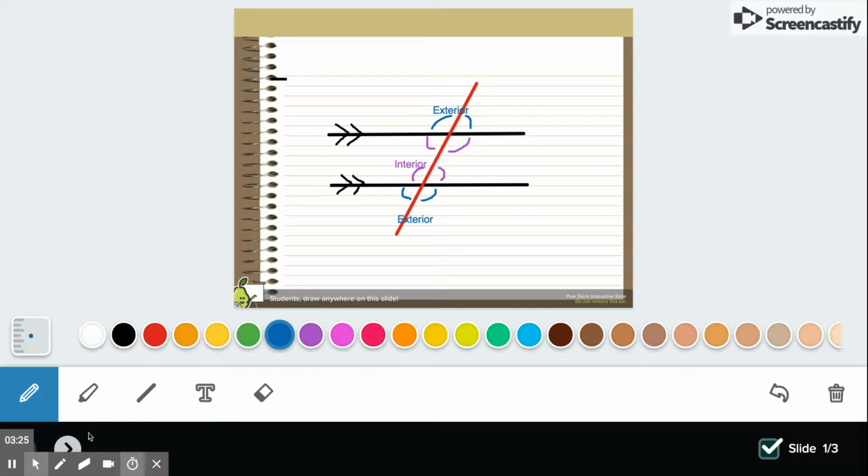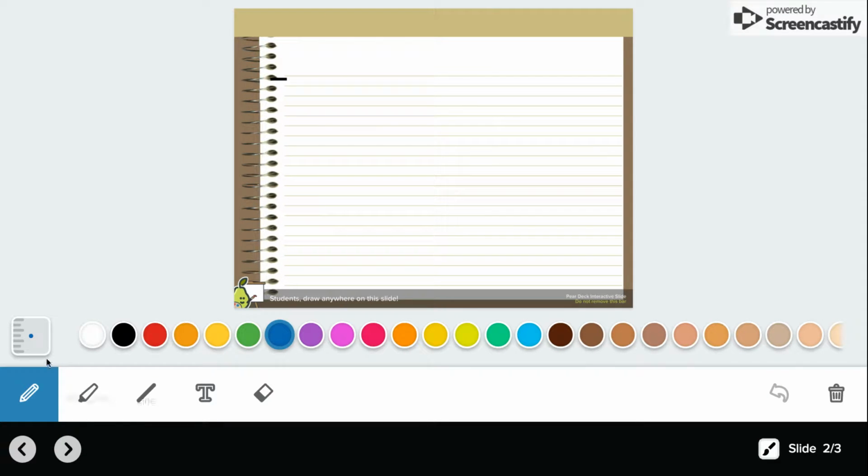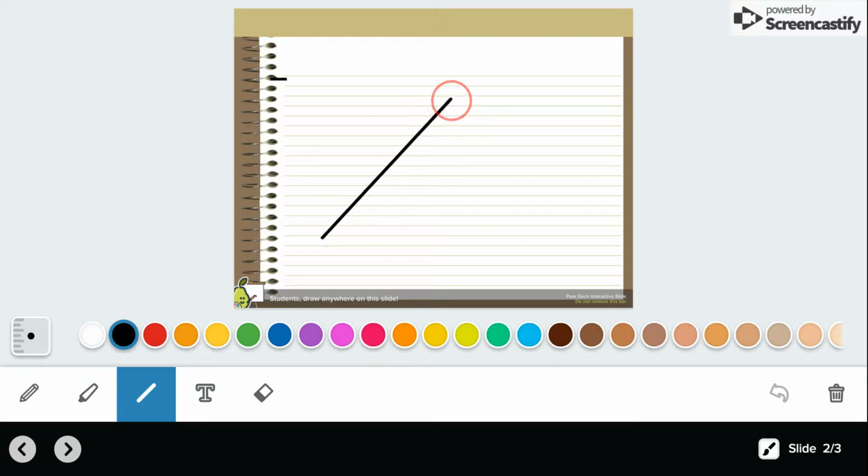And let's actually go ahead and look at one more page. And we're going to just draw some lines again really quickly. Two parallel lines. Well, that's not parallel to anything yet, is it? Now we have a parallel line. They're next to each other, the same distance apart.